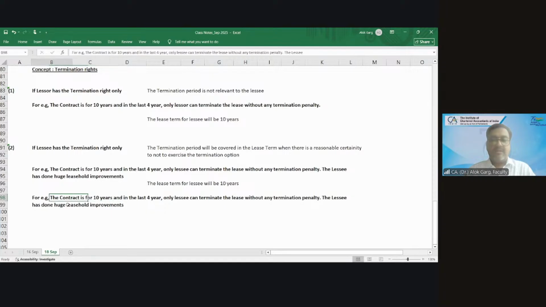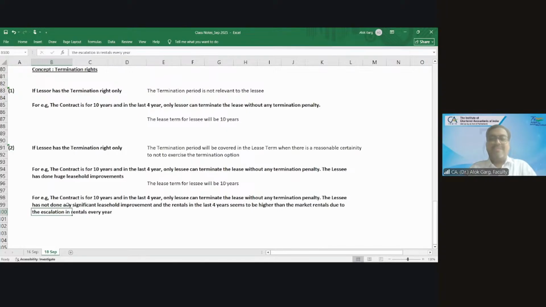The lessee has not done any significant leasehold improvement, and the rentals in the last 4 years seem to be higher than the market rentals due to the escalation in rentals every year.